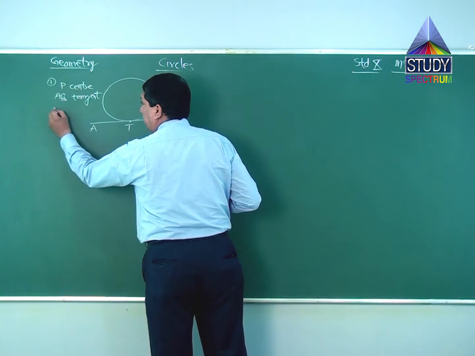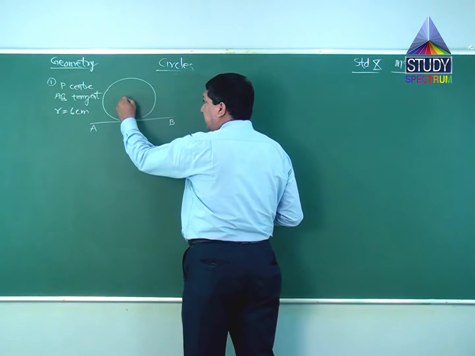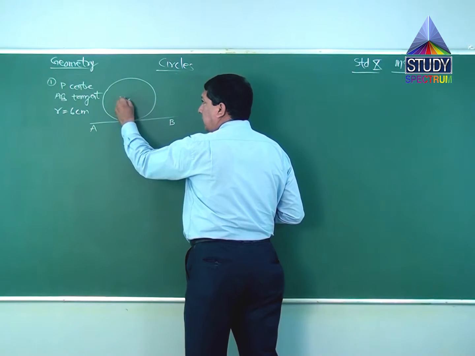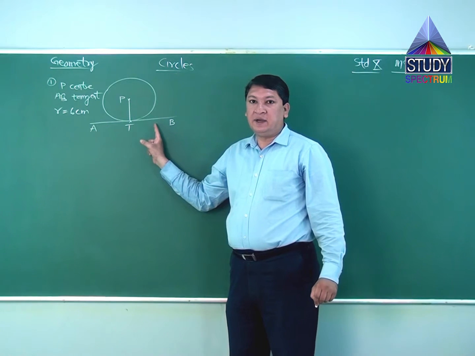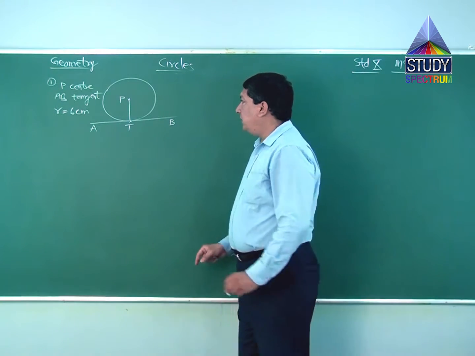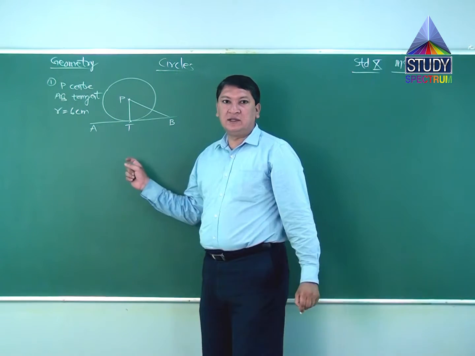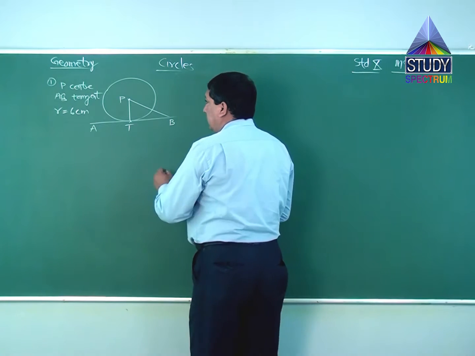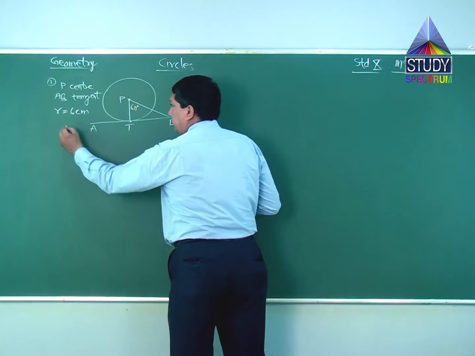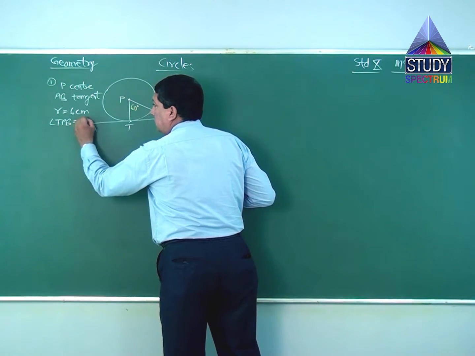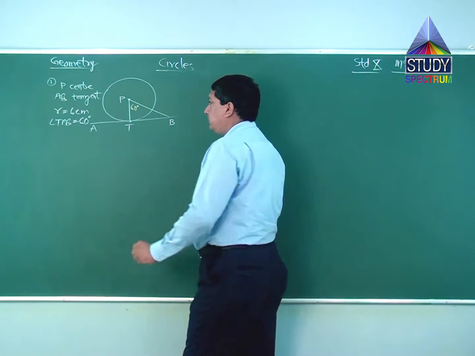So I'll write down radius is equal to 6 centimeter. This is point P. P is the center of the circle. AB is a tangent. Radius is 6 centimeter. I am joining P and B also. Given to us, angle TPB is equal to 60 degree. This angle is given to us, 60 degree. We need to find out PB.